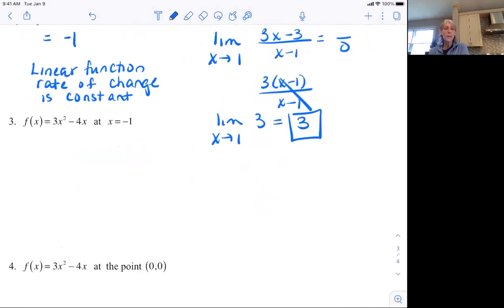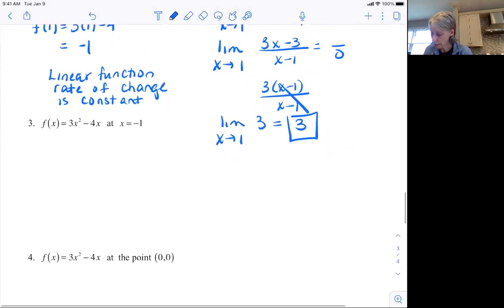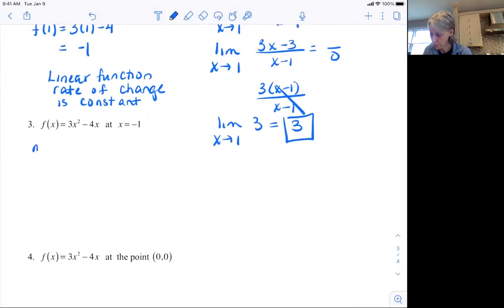If f of x equals 3x squared minus 4x, and we want the slope of the tangent line or the instantaneous rate of change when x equals -1. Maybe kind of running out of room here. I'm going to set it up over here. The slope of the tangent line equals the limit as x approaches -1 of f of x minus, well, what do I get when I plug in -1?